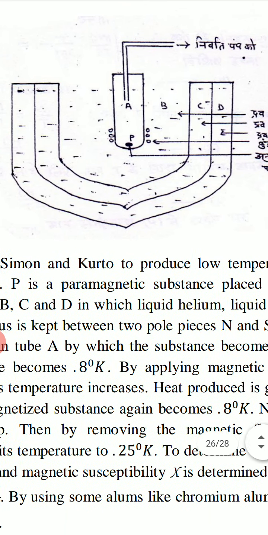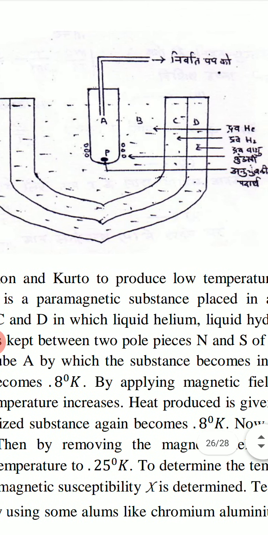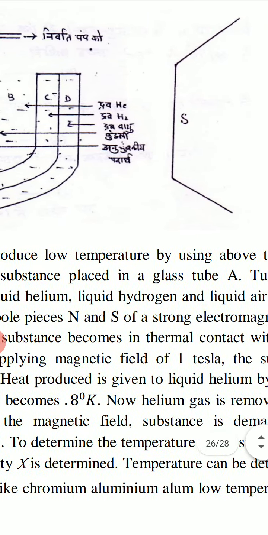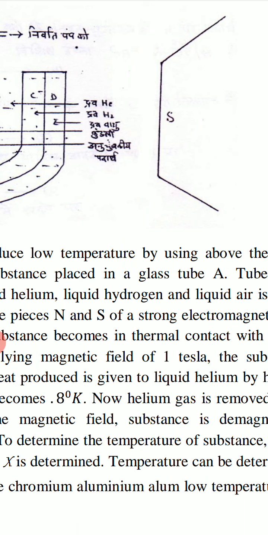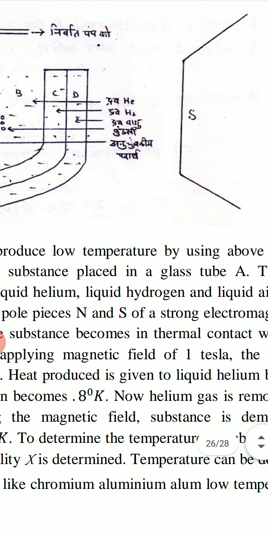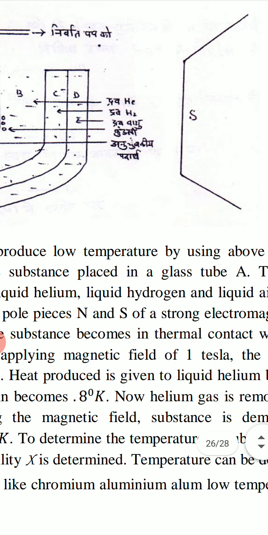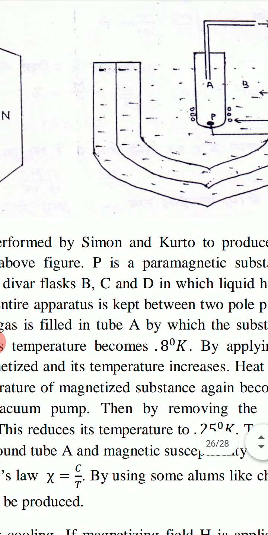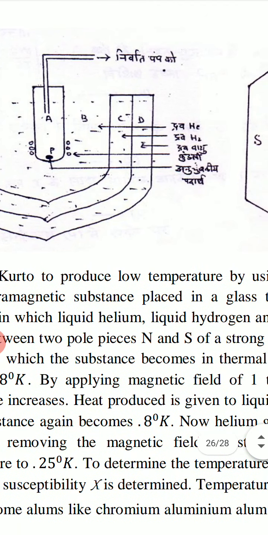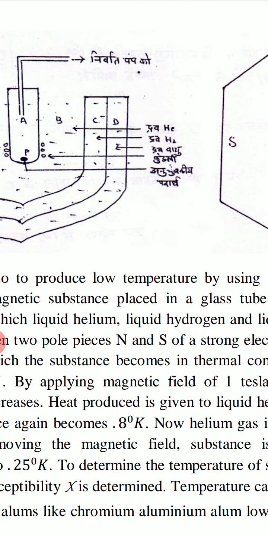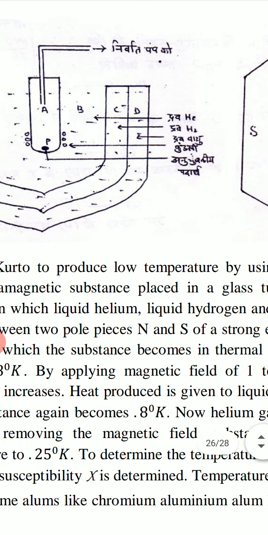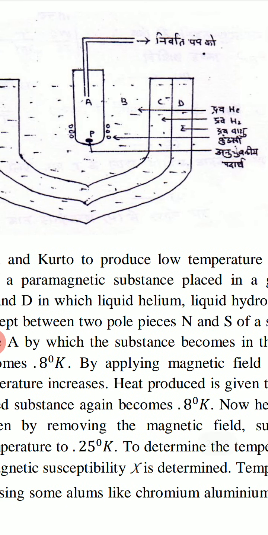So this entire apparatus is placed between these two pole pieces N and S of a strong electromagnet. These two pole pieces N and S will produce a magnetic field which will be used to magnetize this paramagnetic substance P.